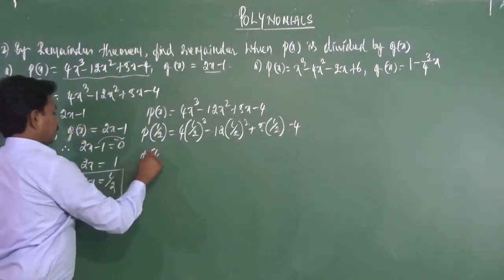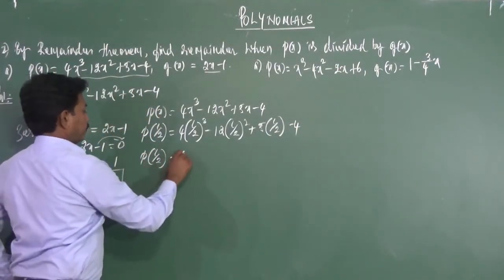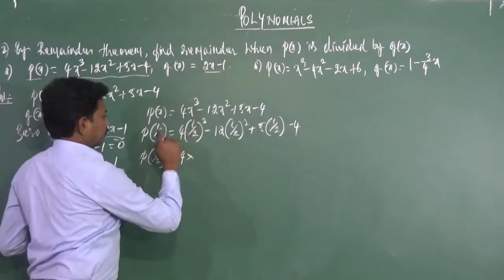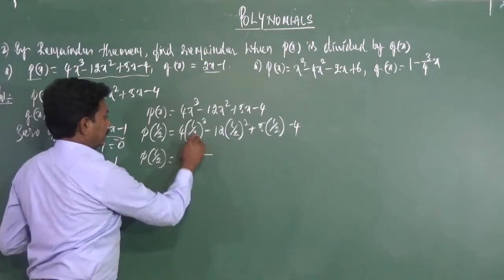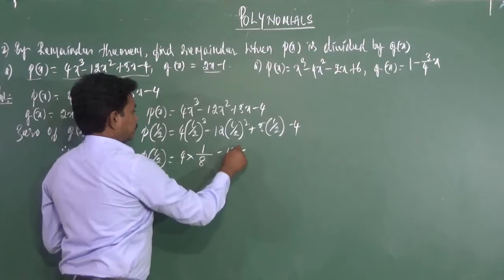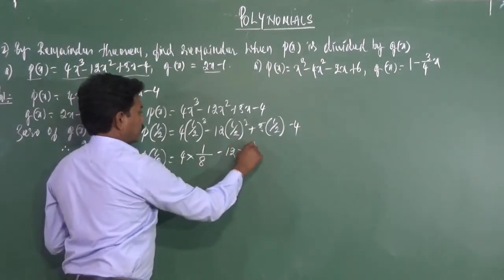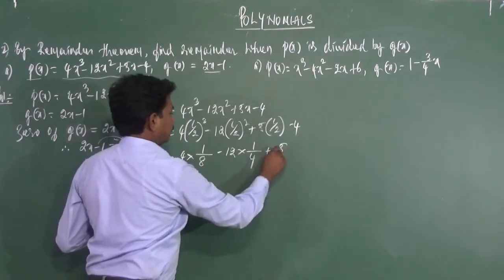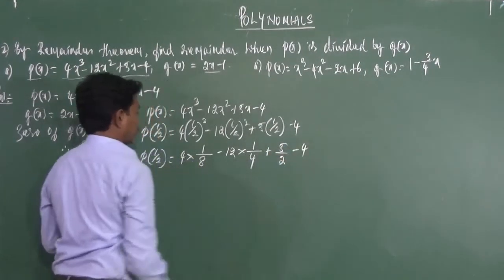So p of 1 by 2 is equal to 4 into 1 by 2 whole cube, this cube applies for 1 as well as 2. So 1 cube is 1, 2 cube is 8, minus 12 into 1 by 2 whole square. So 1 square is 1, 2 square is 4, plus 5 into 1 is 5 by 2 minus 4.